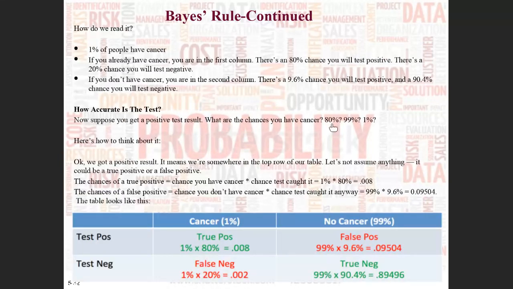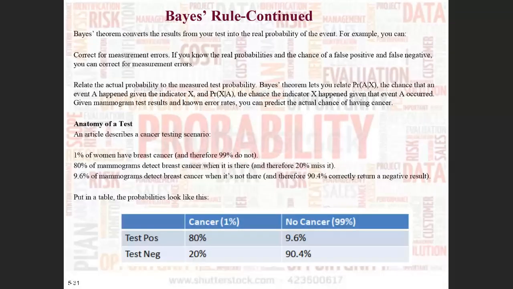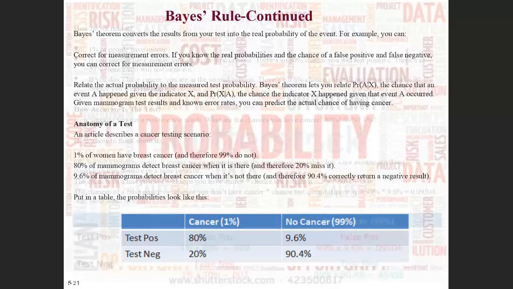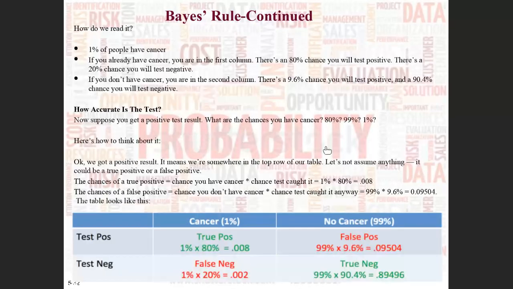Okay, so how do you read it? 1% of people have cancer. If you already have cancer, you are in the first column.